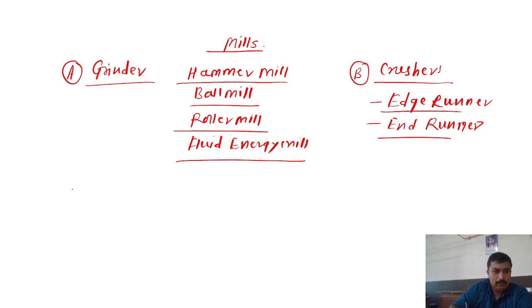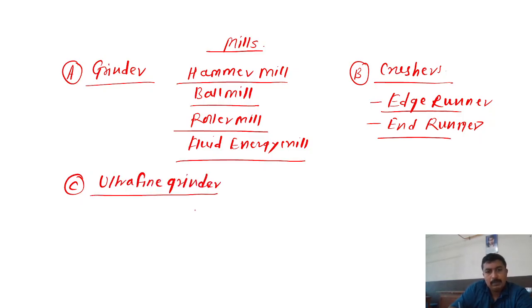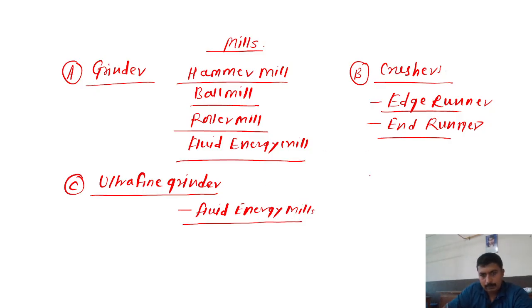Later we will discuss the construction, principle and working of all these mills. Next are ultra fine grinders. These are responsible for the production of fine powder particles. The example is the fluid energy mill. You will get ultra fine powder particles with size in the nanometer range.